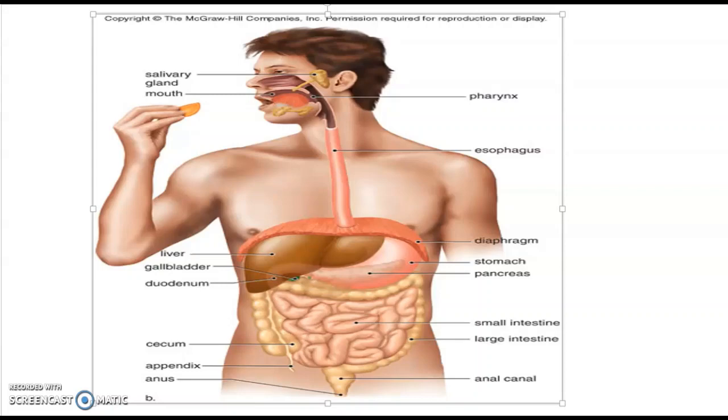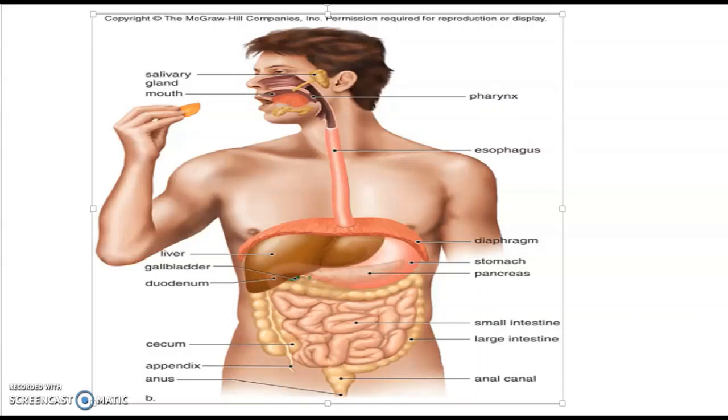In general, there are 7 steps in digestion. The digestive processes are ingestion, propulsion, mechanical digestion, chemical digestion, absorption, and defecation. Some chemical digestion occurs in the mouth.